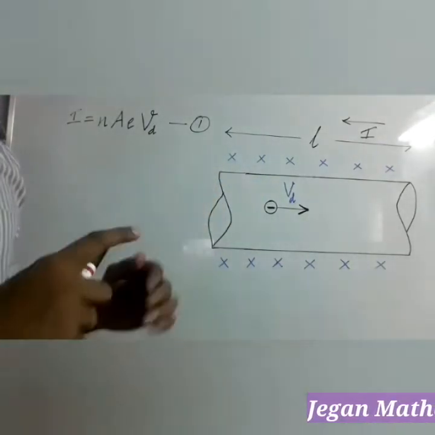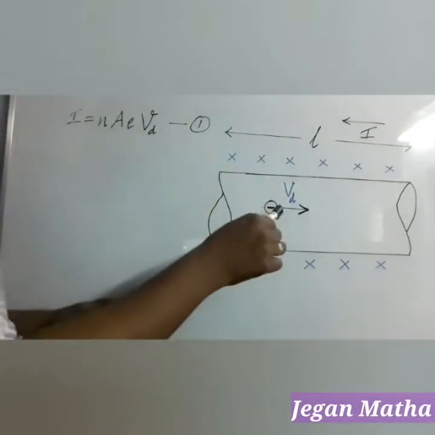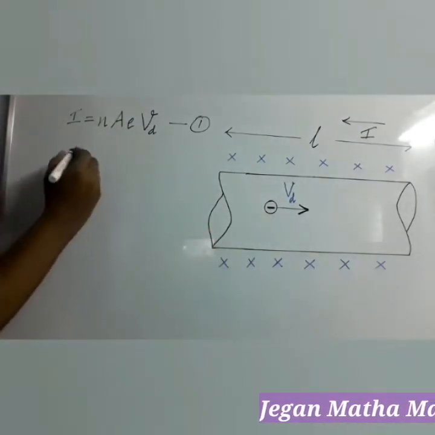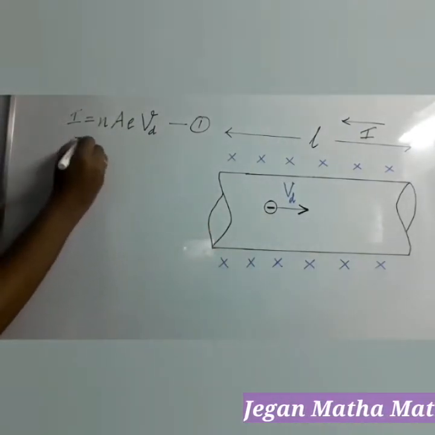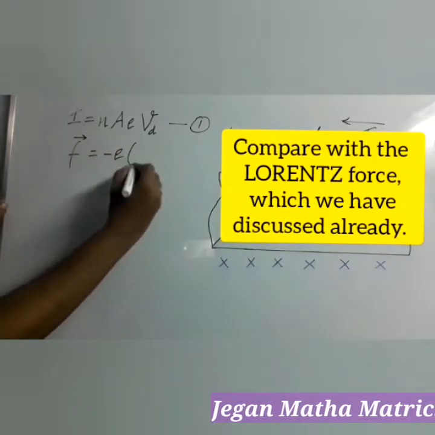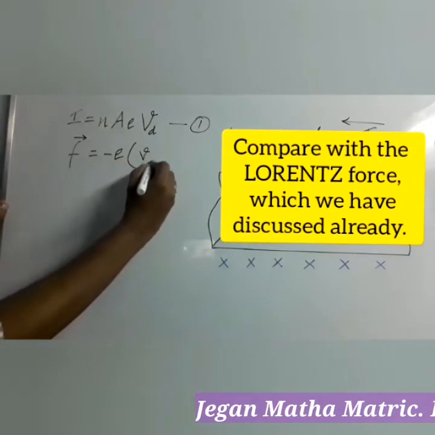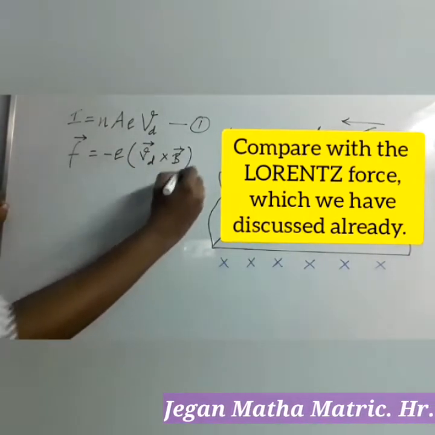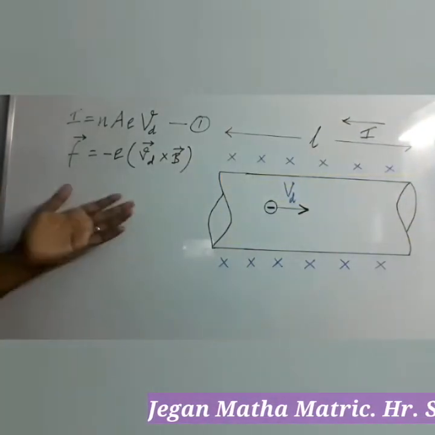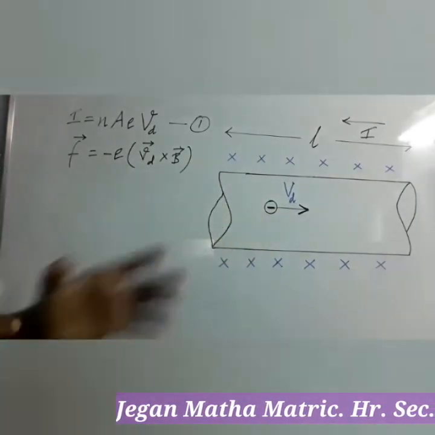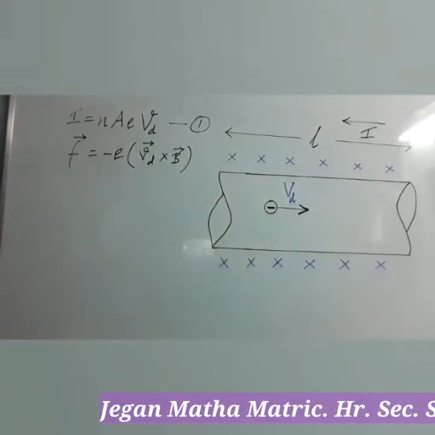So in this current carrying conductor, we are going to consider a single electron. Since it is moving with the drift velocity, it is going to experience a force. That is F vector equal to minus e Vd cross B. It is the force experienced by the single electron in the current carrying conductor.